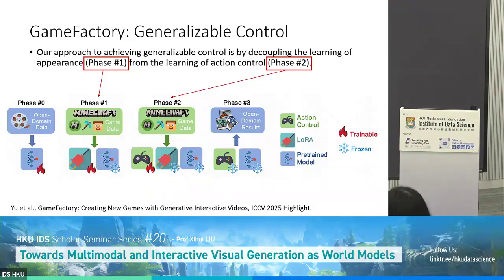So in phase 0, we adapt a pre-trained video generation model. And in phase 1, we use a LoRA to fit the style information or domain information from the Minecraft videos, and we keep the parameters of the initial video generation model fixed. Then in phase 2, we keep the LoRA frozen and the initial parameters frozen, and we specifically use Minecraft video with action control to train the action control module.